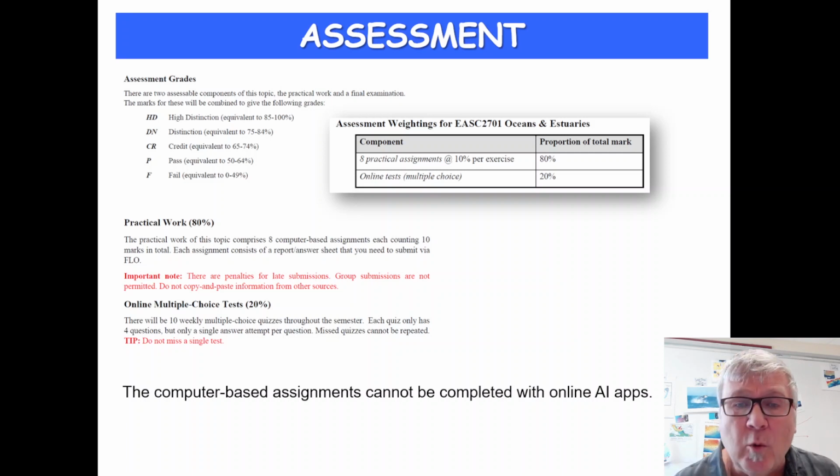And you have the entire weekend and until Monday, something like 5 p.m., to answer these 4 questions. But you only have 1 attempt. So you can see the questions on Friday, but you only have 1 attempt to answer them.